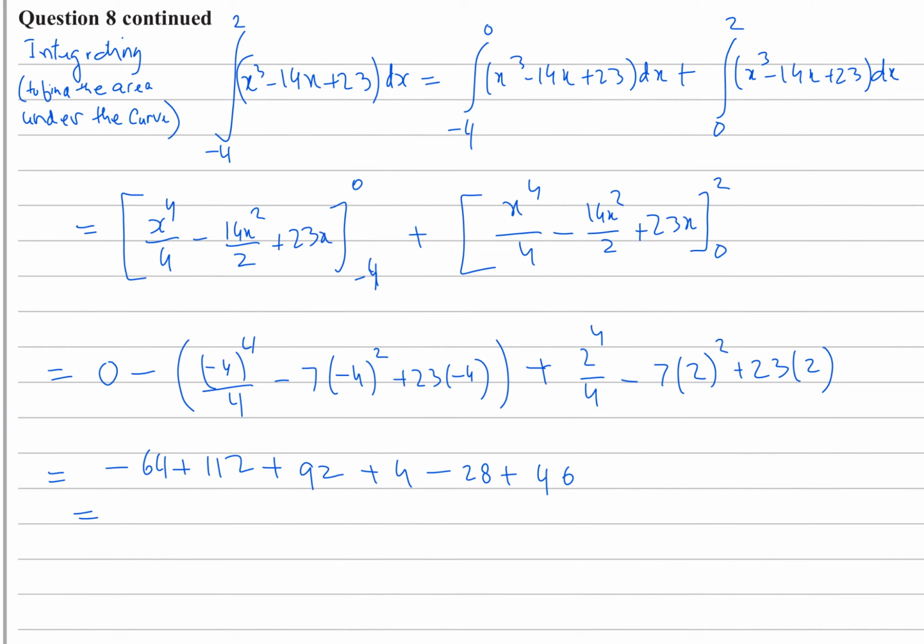The answer to this, let me work it out: minus 64 plus 112 plus 92 plus 4 minus 28 plus 46, and I get 162.